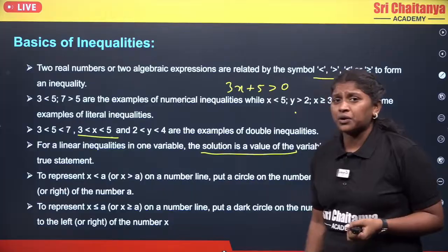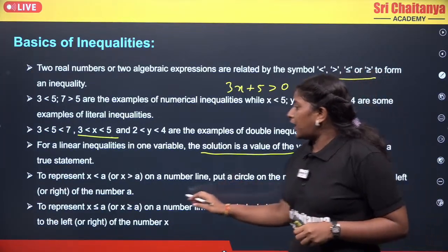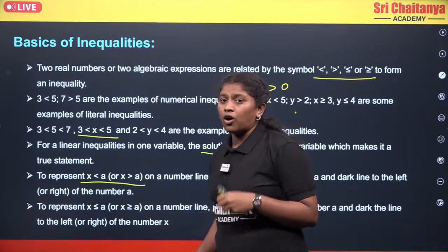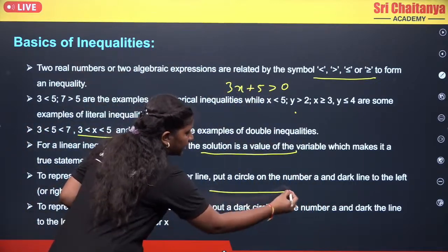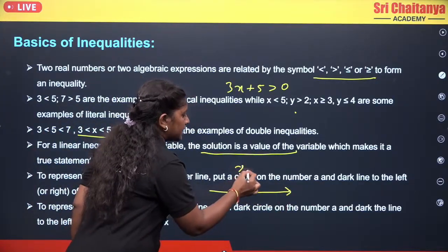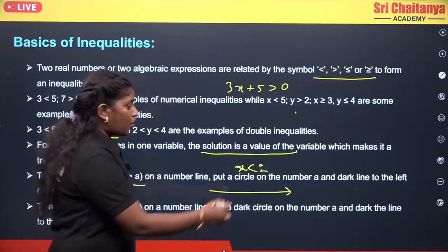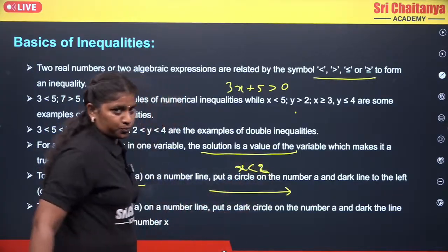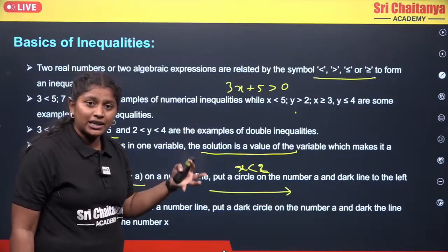Now coming to the next one, how can we represent these inequalities? If we have x less than a or x greater than a, suppose I am taking my number line here. Now I am saying that x is greater than or less than 2. Now I am taking that x is less than 2. In our previous class we discussed the intervals.